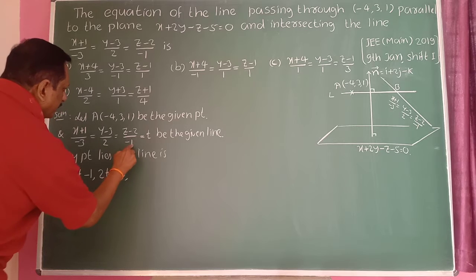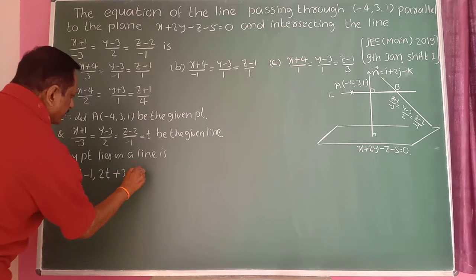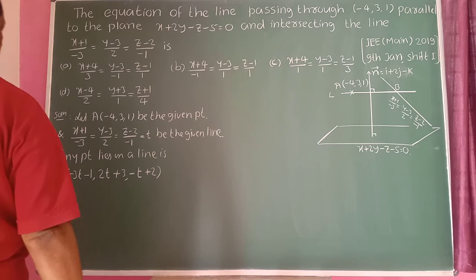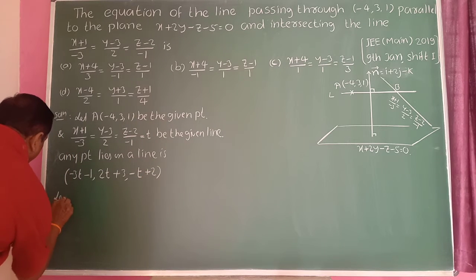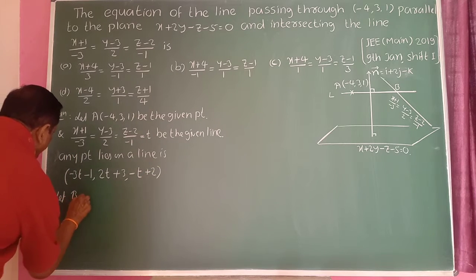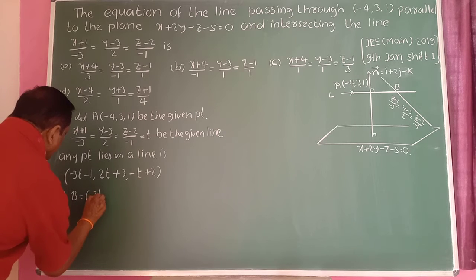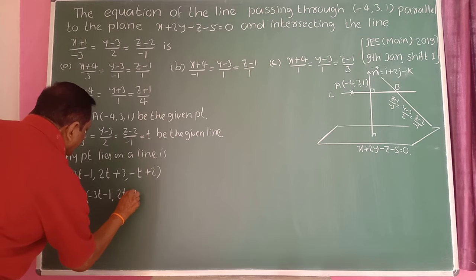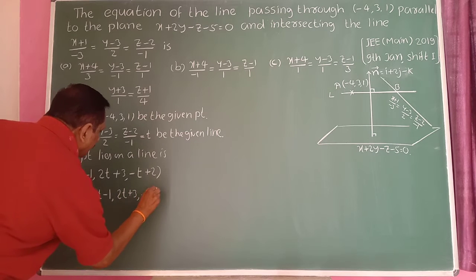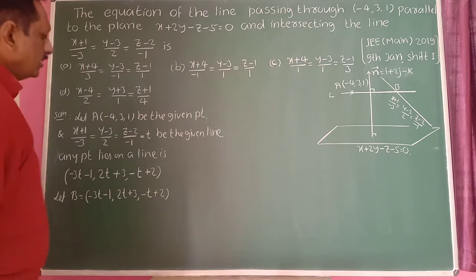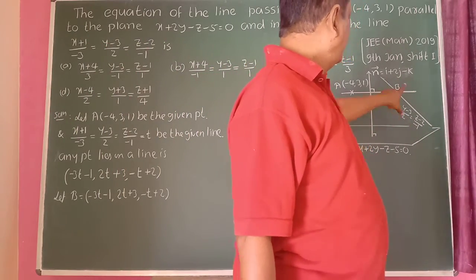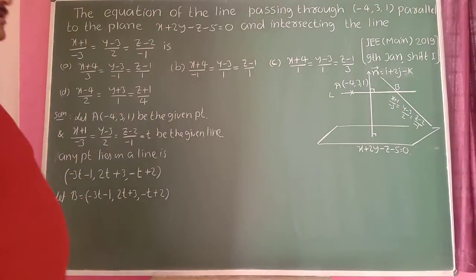And -1 times t becomes -t, take the -2 to the right side, plus 2. Let us consider this as B. So B = (-3t - 1, 2t + 3, -t + 2). It is the point of intersection of this line and this line.